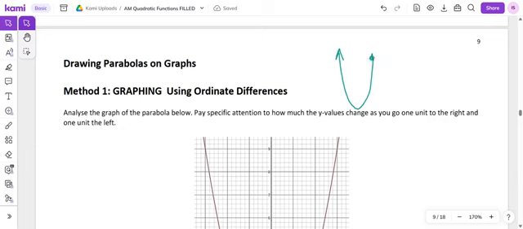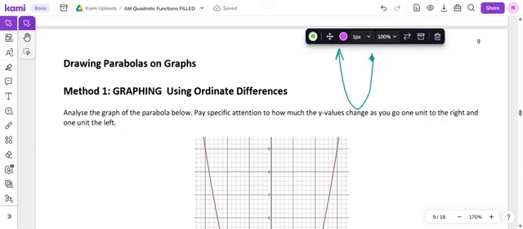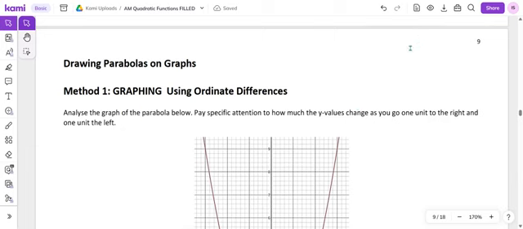So it can be upside down, it can get narrow, it can get wide. The only point that we had the tool to draw so far has been the vertex.